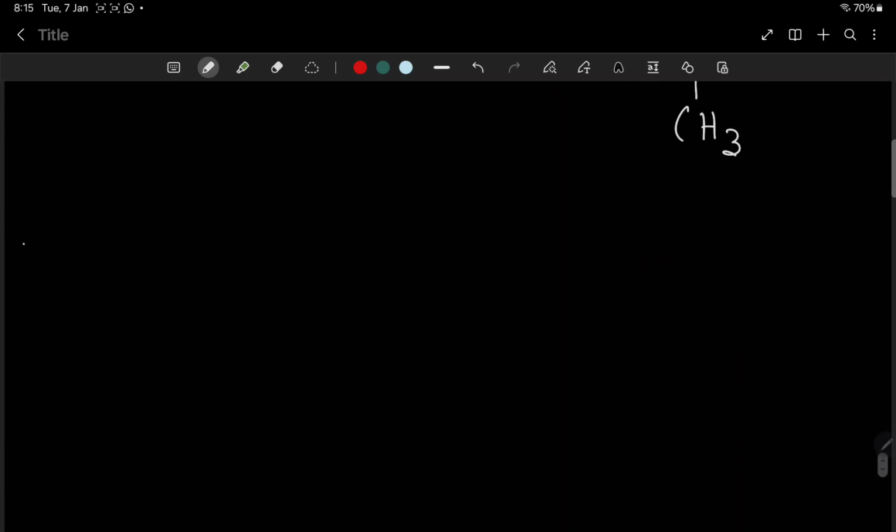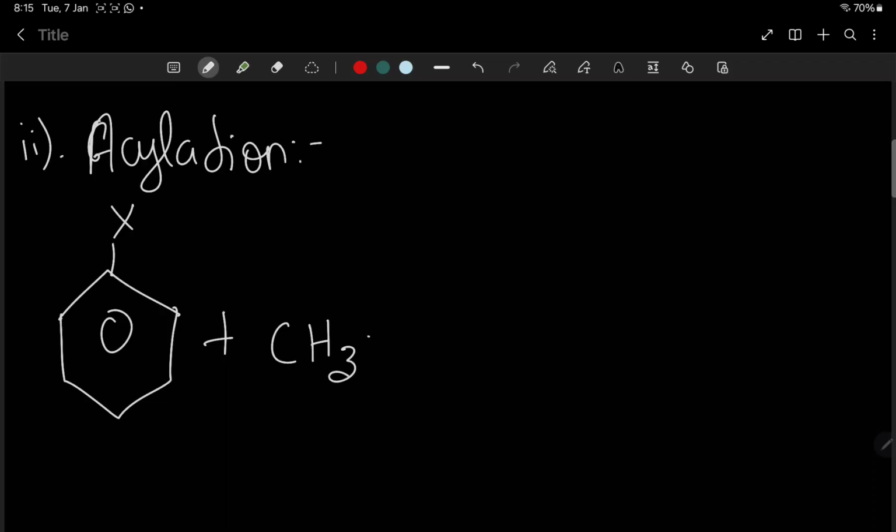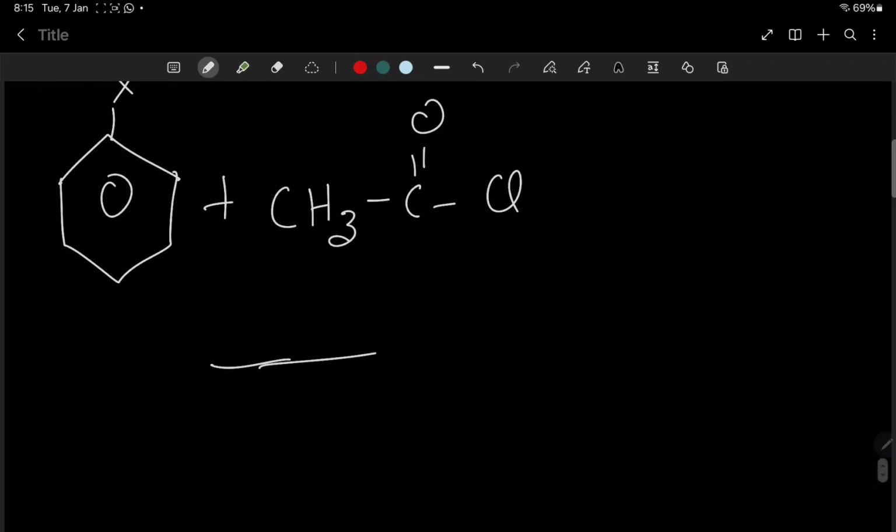Now the next one is acylation. So not only alkylation but also acylation is there. Friedel-Crafts acylation: this compound and CH3C double bond OCl. Here also anhydrous AlCl3. Here we are using acid chloride.